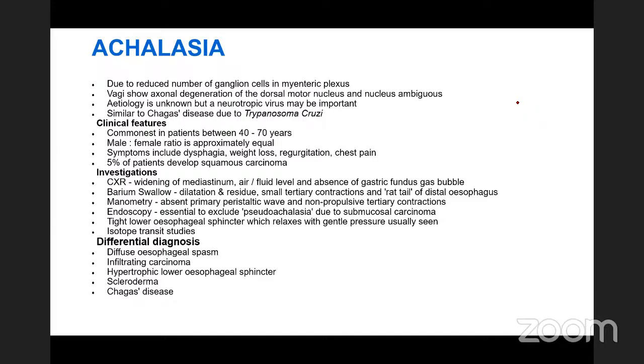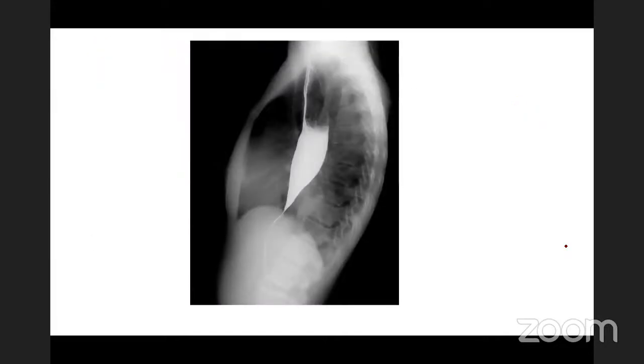When you do a chest X-ray, it shows widening of the mediastinum, and you see an air fluid level in the absence of gastric fundal gas. Now look at this image. It's very important you understand this. You can see a dilated esophagus and narrowing at the lower esophageal sphincter, and you see an air fluid level.